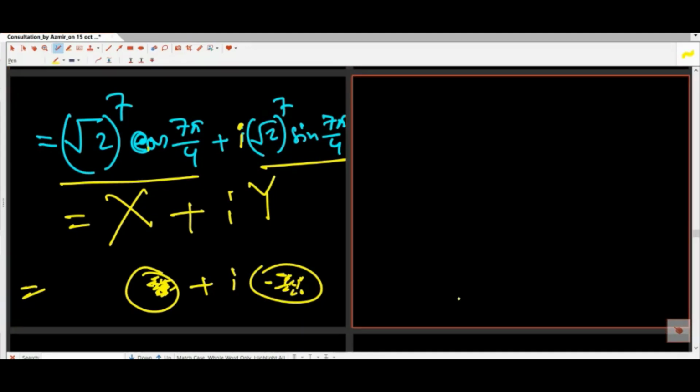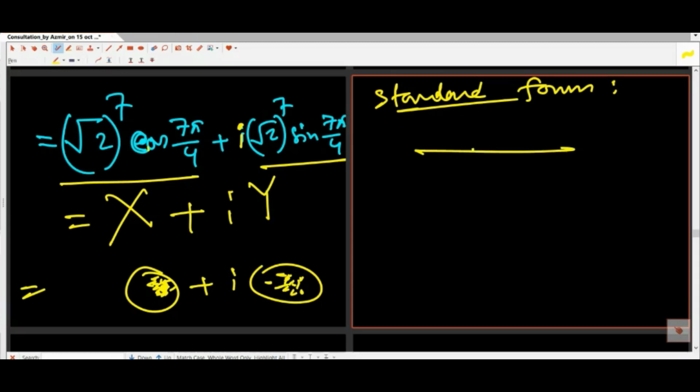Okay. One important thing I need to mention, then all the things will be covered. That is how to find the standard form of complex number if we have a rational form. Let's say we have 1 plus i over 1 negative 2i.